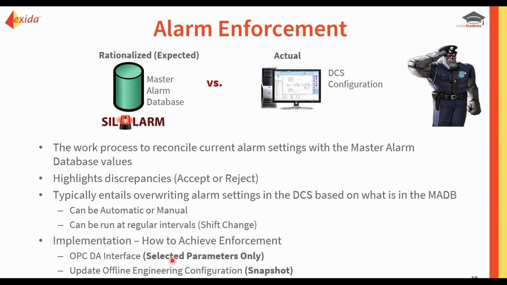And because of that, and because of some costs related to OPC licensing, very often that methodology only does selected parameters or selected attributes, like the limit and the enable/disable status and the priority. The second type is leveraging the offline engineering configuration, and we'll call that a snapshot approach. So it's taking a snapshot of the entire alarm configuration at a point in time, but it's from the offline database.